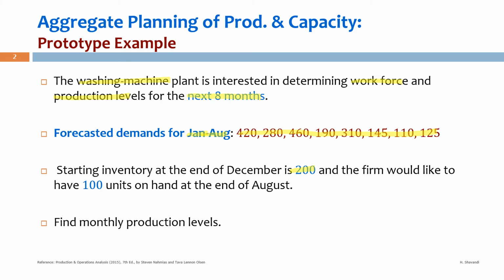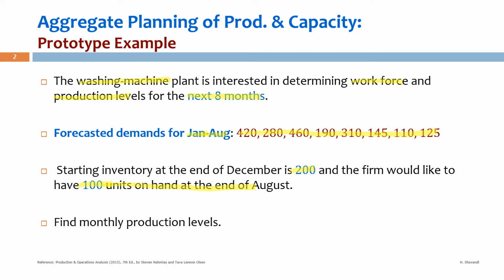So the initial inventory at the beginning of January will be 200 items in the warehouse ready to use. And also we would like to have 100 units on hand at the end of August. So this is one of the constraints that we need to meet in our planning.